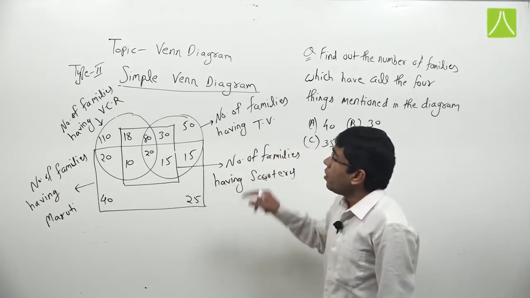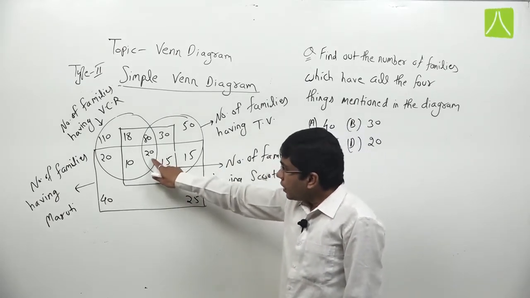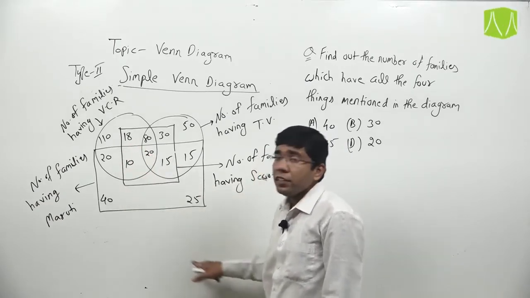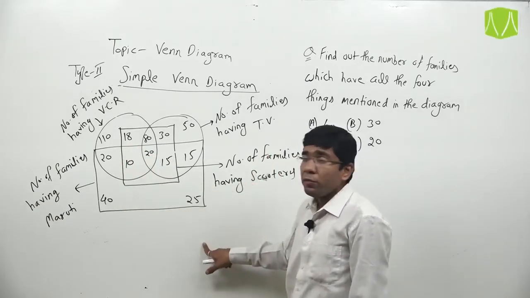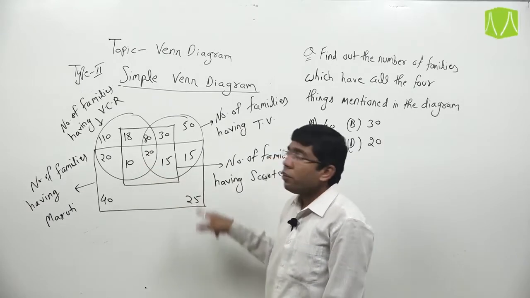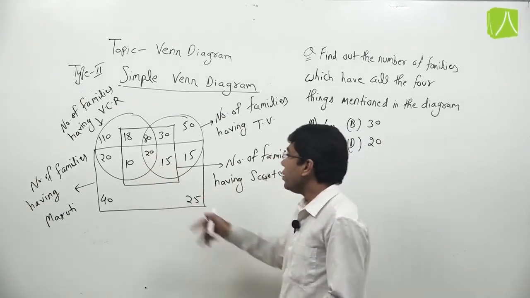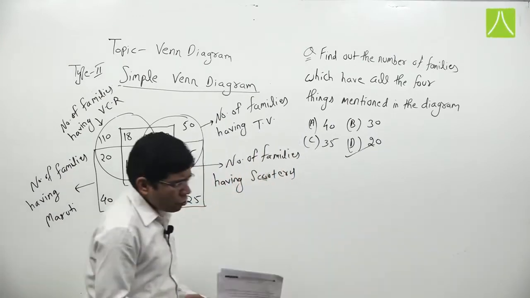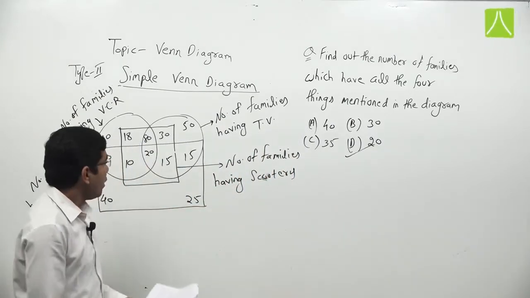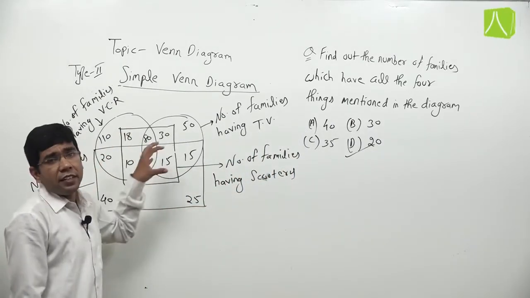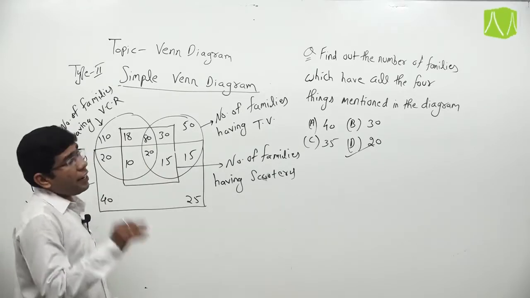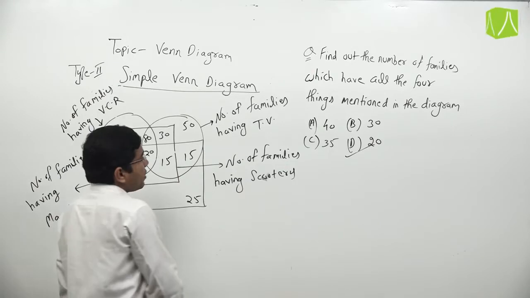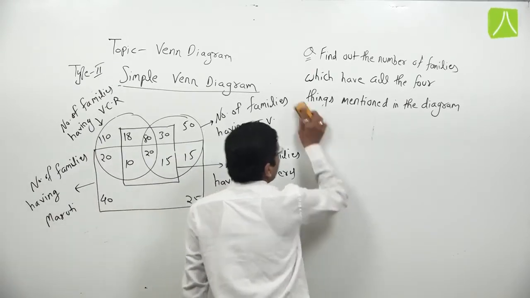So by observing the diagram we can say that 20 is a number which represents all those families which have all the 4 things. So for this our answer should be option D. So in the simple Venn diagram we have to analyze the given diagram and then find a proper number according to the question. Take more example for this diagram.